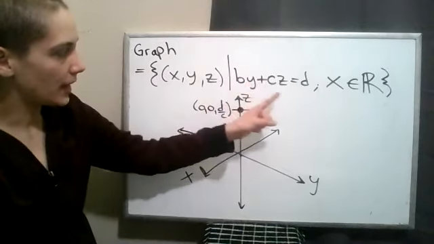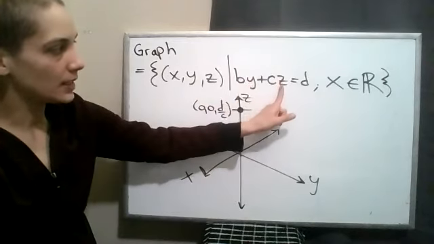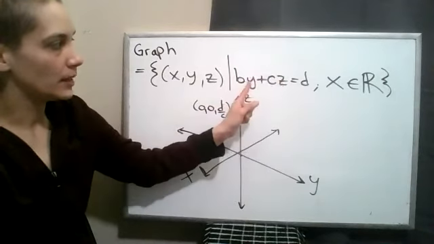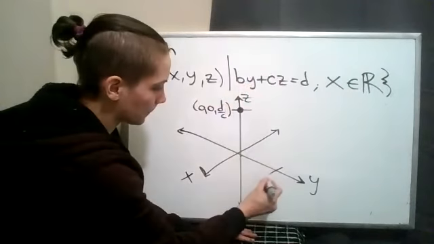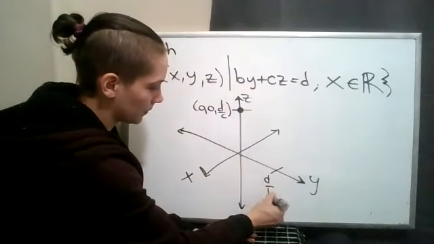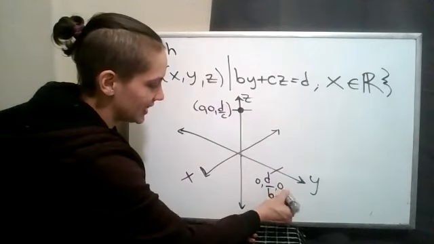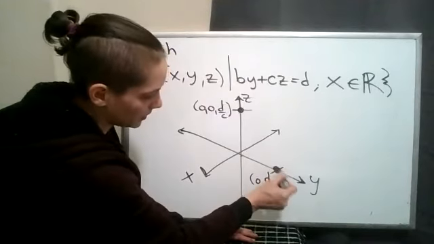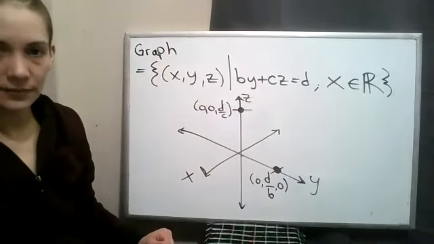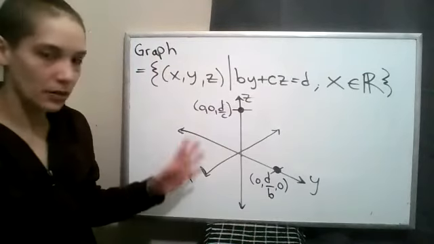We also have a y-intercept when x equals 0 and z equals 0, and y would equal d/b. That was 0 for x and 0 for z. Then connect your intercepts to get a drawing of the plane.